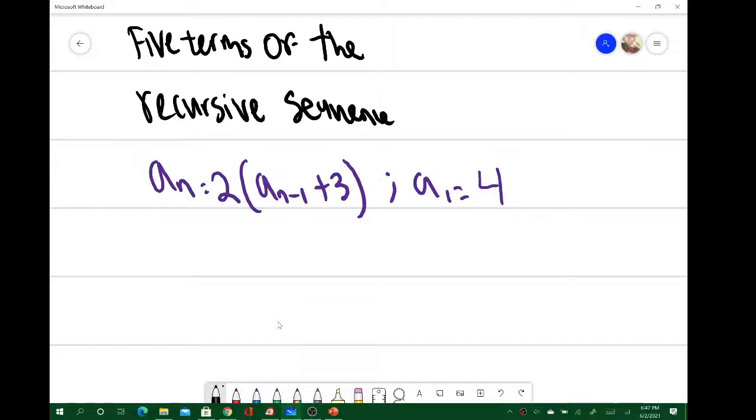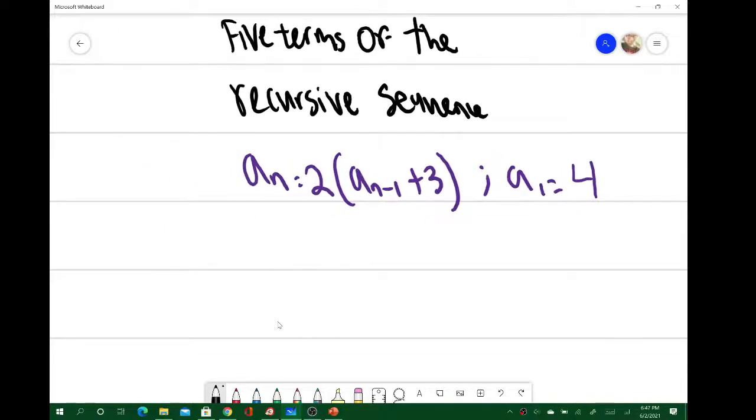And it's telling us that a sub 1 is 4. That's the first thing that you want to make sure you understand, that a sub 1 is 4, because you're going to use that to know the rest.